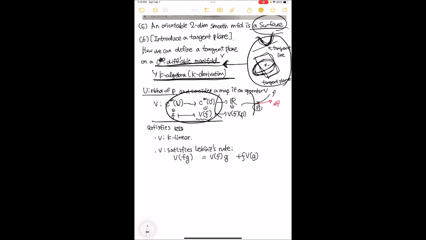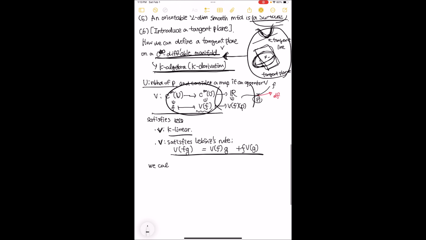Even if we don't know what the map V is, if V satisfies this condition, this is very strong. When you see this, oh, this is differentiable.